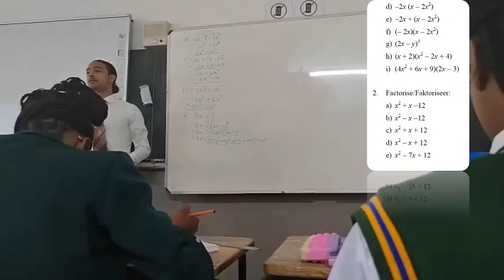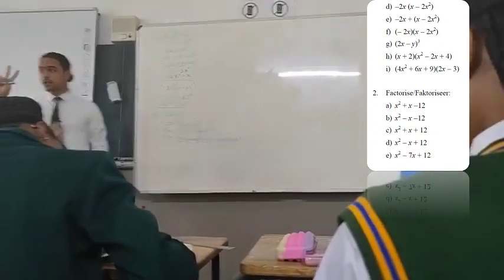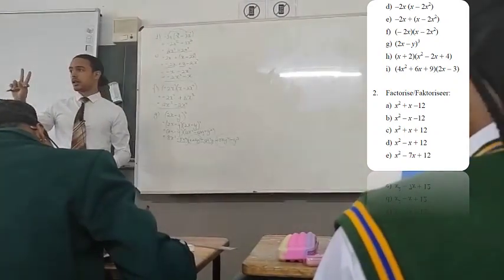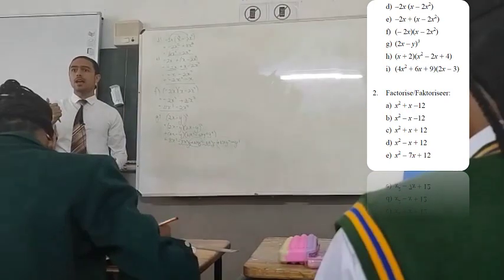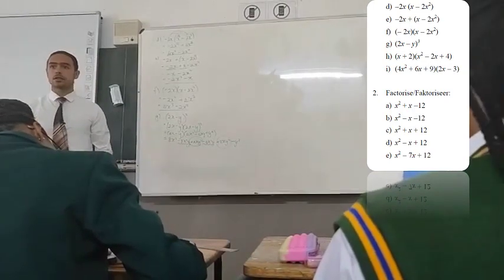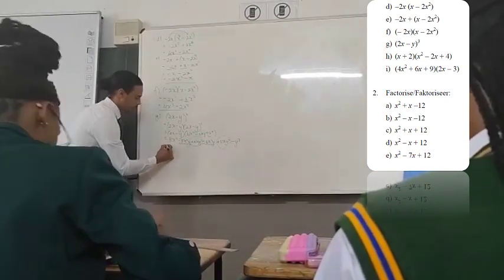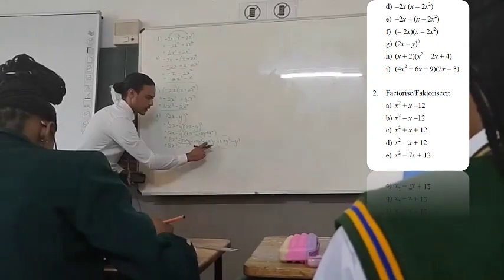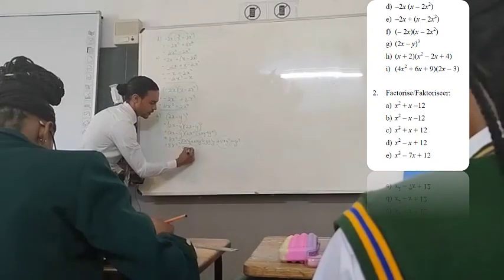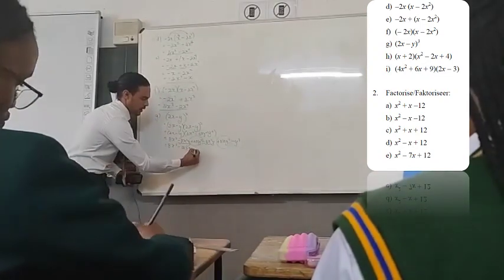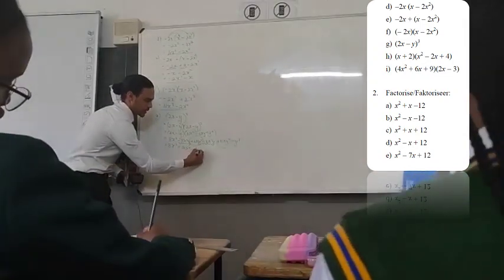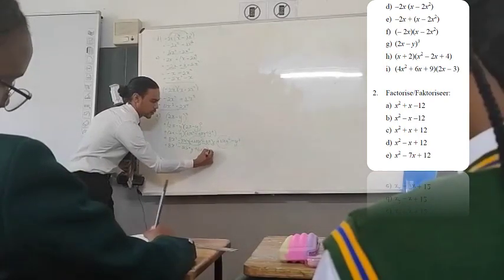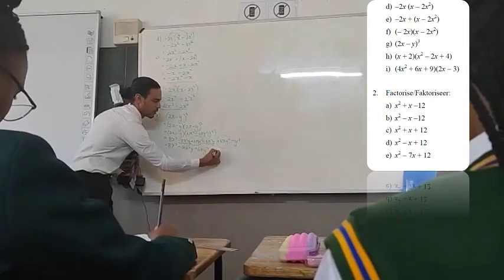The variables' exponents are not the same. So there are two conditions. The variables need to be the same, and the exponents of the variables need to be exactly the same. So therefore that's going to be 8x to the power of 3 minus 12x squared y, and then plus 6xy squared and minus y to the power of 3.